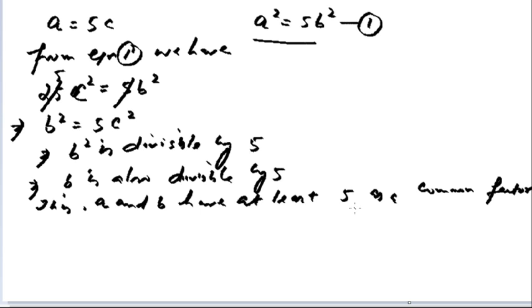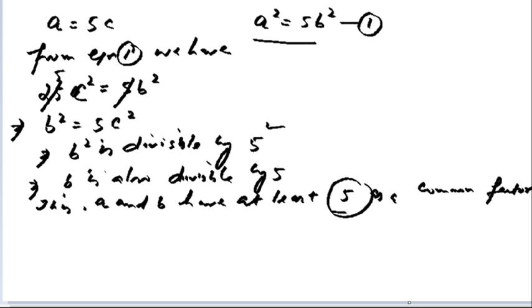ठीक है बेटा. लेकिन जब आपका a और b का at least एक common factor है, that is 5, but that is completely a contradiction to the fact that a and b are co-prime. तो हमने कहा है कि co-prime means any prime number that divides one of a or b does not divide the other. But here is a different story. यहाँ पे 5 divides a square भी और a को भी, and the same 5 divides b square and b.